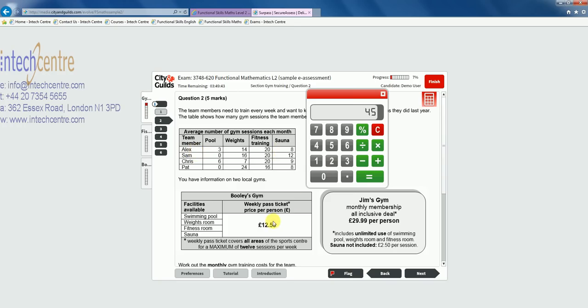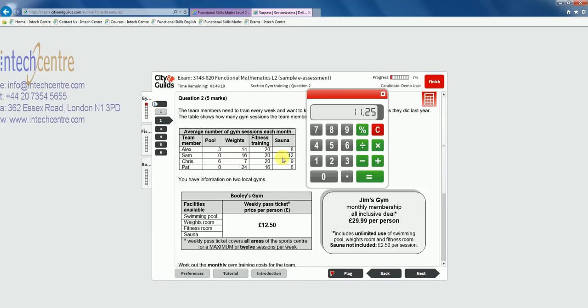Remember, Booley's Gym is £12.50, a weekly pass which covers 12 sessions. As this is a weekly pass and this is a monthly itinerary, we're going to divide this by 4 to see the average number. So it's 11.25, it's under 12. So you could possibly do 11 or 12 sessions per week.